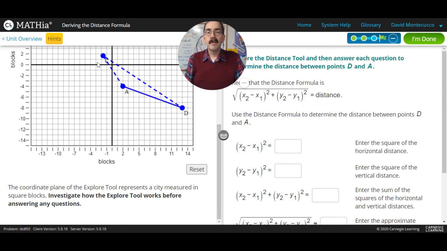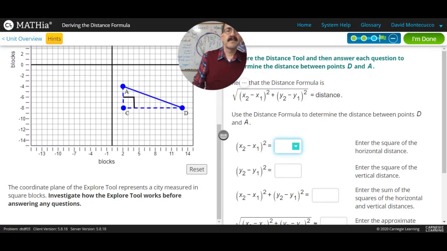Yep, last problem. So I like to go down and over. 1, 2, 3, 4. And from 2 to 13 is 11. So 4 and 11. 4 times 4 is 16. Oh, 4 was the y, right?